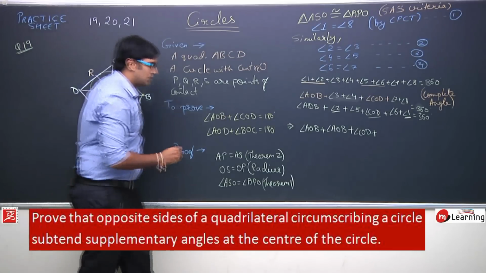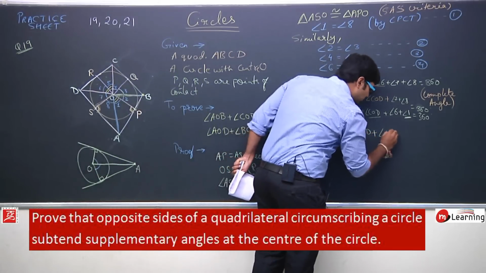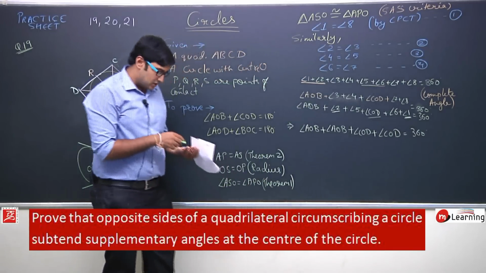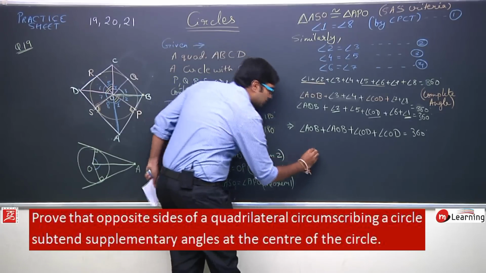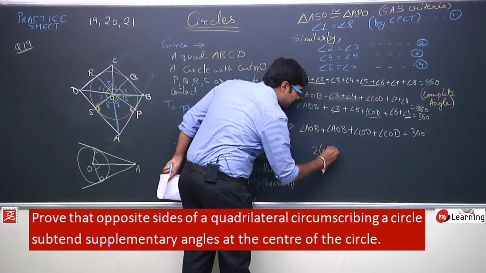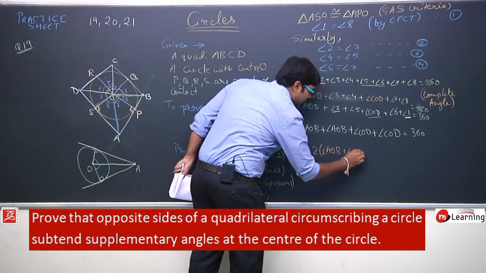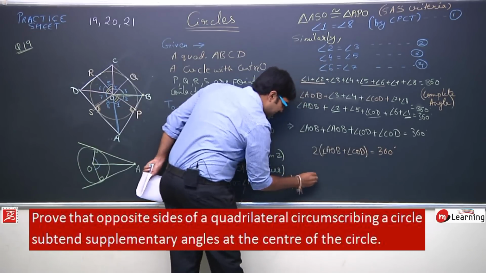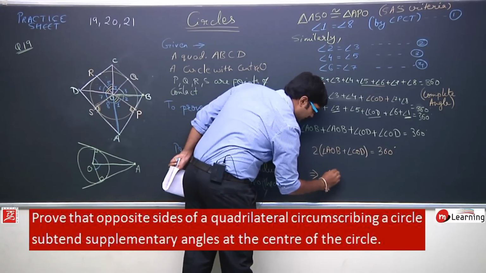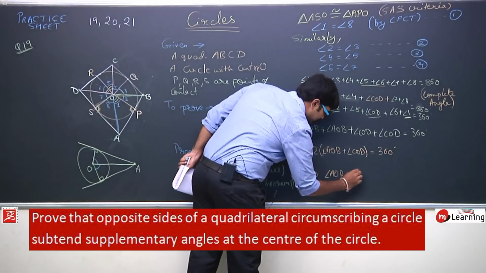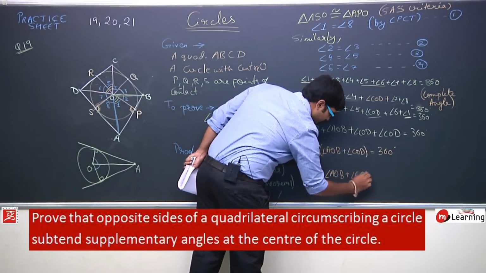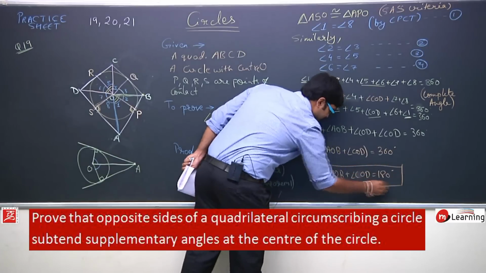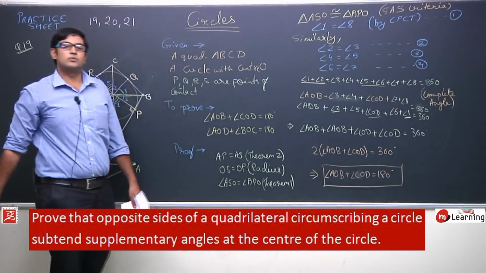So it will give you angle COD, and this is equal to 360 degrees. Now I can write 2 times angle AOB plus angle COD is equal to 360 degrees. This will be angle AOB plus angle COD is equal to 180 degrees. This is what we need to prove.